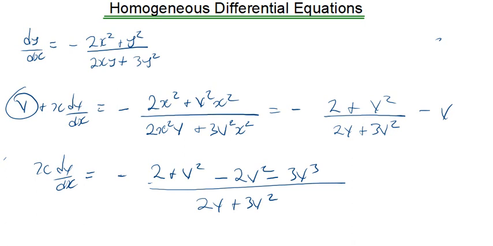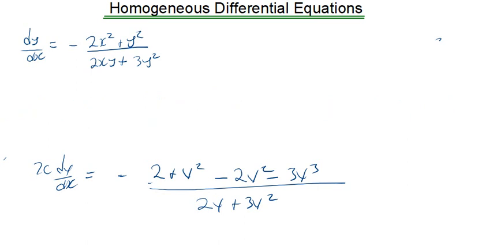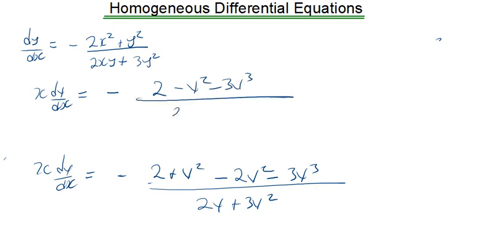So this is getting closer to the way we want it. Now we can write this as x dv dx equals negative v squared minus 3v to the power 3 over 2v plus 3v squared, with the 2 there.